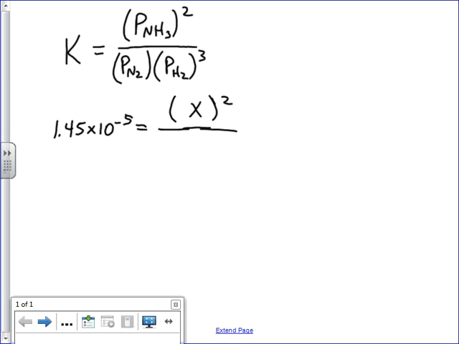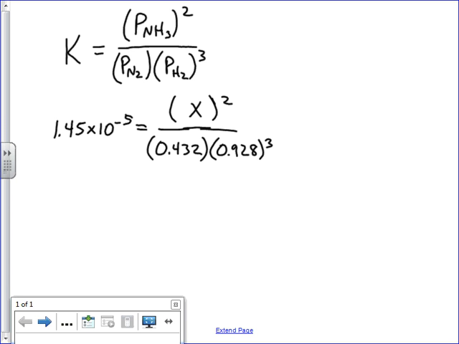But then they're giving us the partial pressures of the other two. They're giving us the N2 is 0.432 atmospheres. And again, when you plug these into the equilibrium expression, just forget about the units. And the pressure of the H2 is 0.928, and that is cubed. So this is not too difficult to solve.